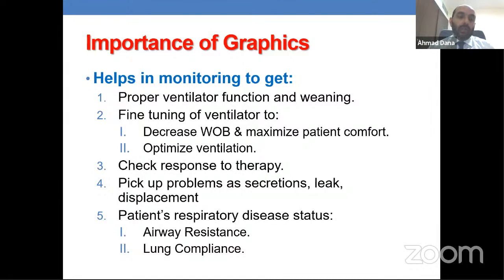And of course, from the beginning, when you are setting the baby on the ventilator, you need to have a history to understand what you are going to put the baby on, because the settings depend mainly on the disease process. So for example, for lung compliance, in case of hyaline membrane disease, a preterm baby who's born with surfactant deficiency, they will have poor lung compliance.